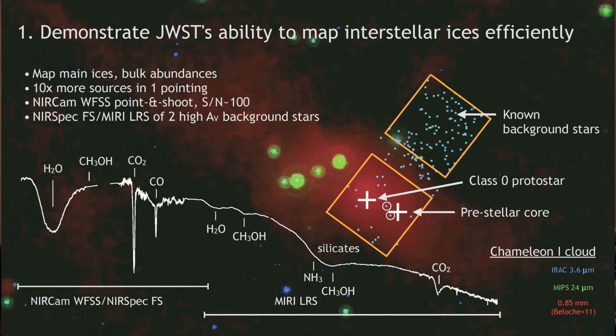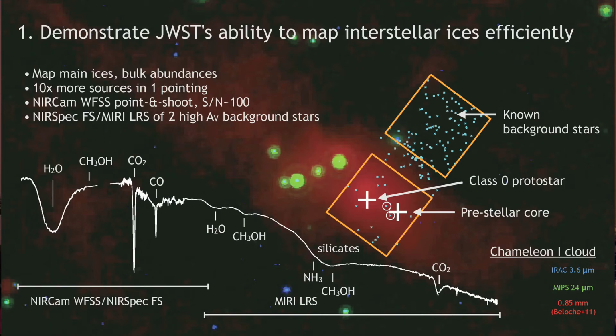Now, with JWST and using the NIRCam slitless mode, for example, we can obtain spectra of many stars, more than 100 here. This is the field we have in the Chamaeleon star-forming region, and the blue dots show the positions of known background stars.